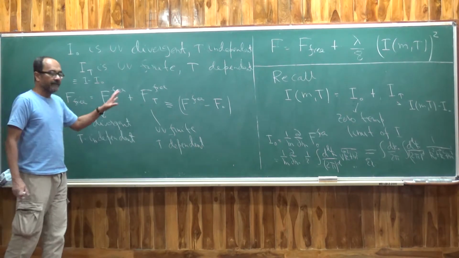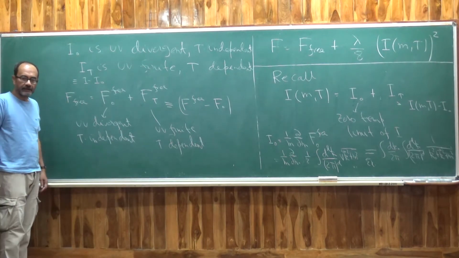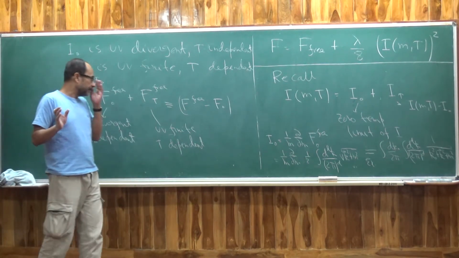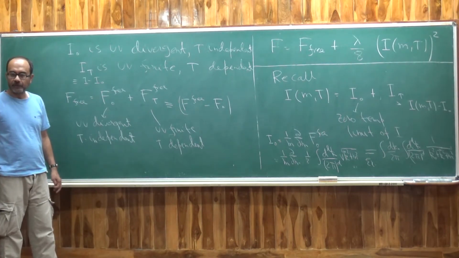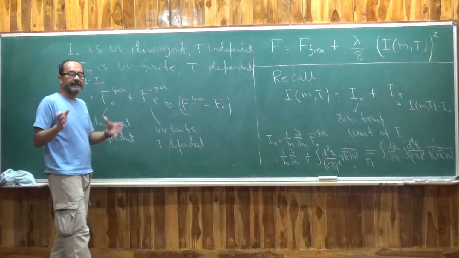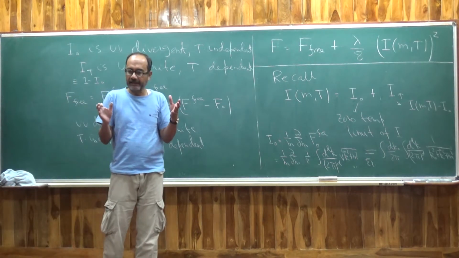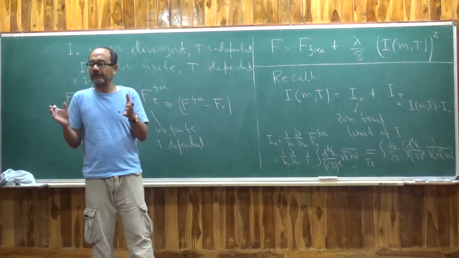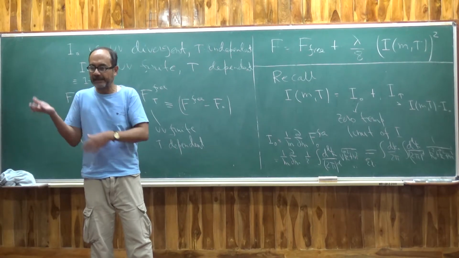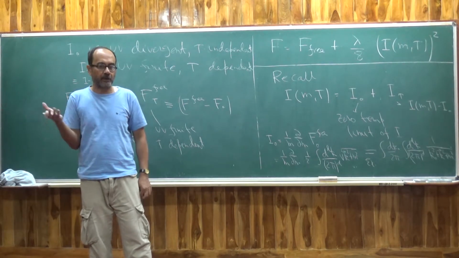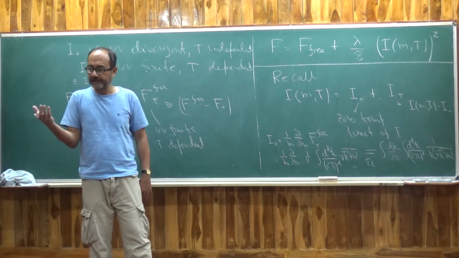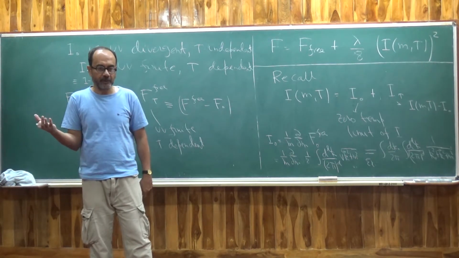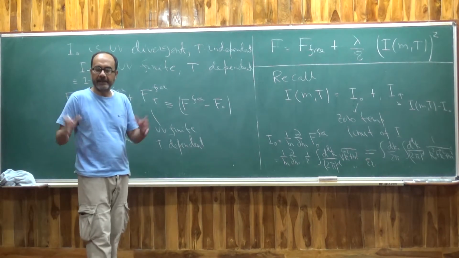So at the free level, things were nice because while we had UV divergence in the free energy, that UV divergence was just in the constant part. And the constant part, we said, you can just remove by shifting the zero of the energy. A constant addition to the free energy which is UV divergent doesn't bother us too much.